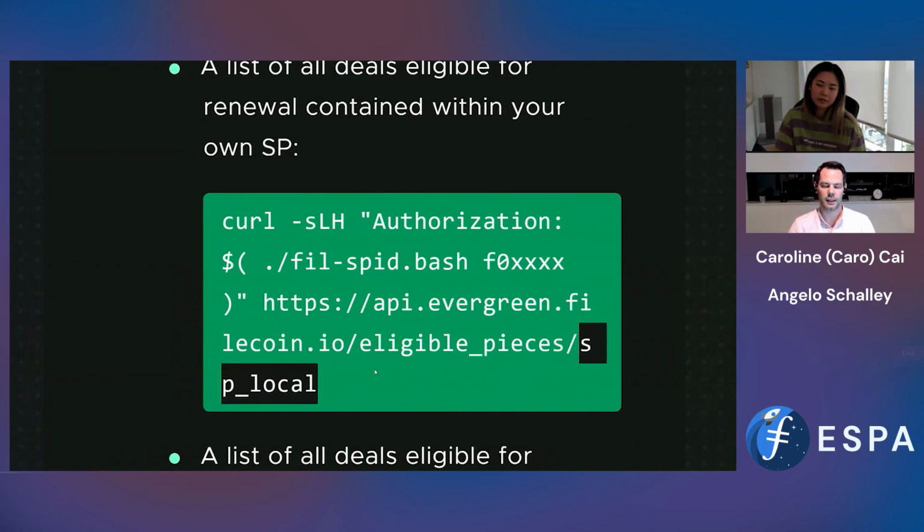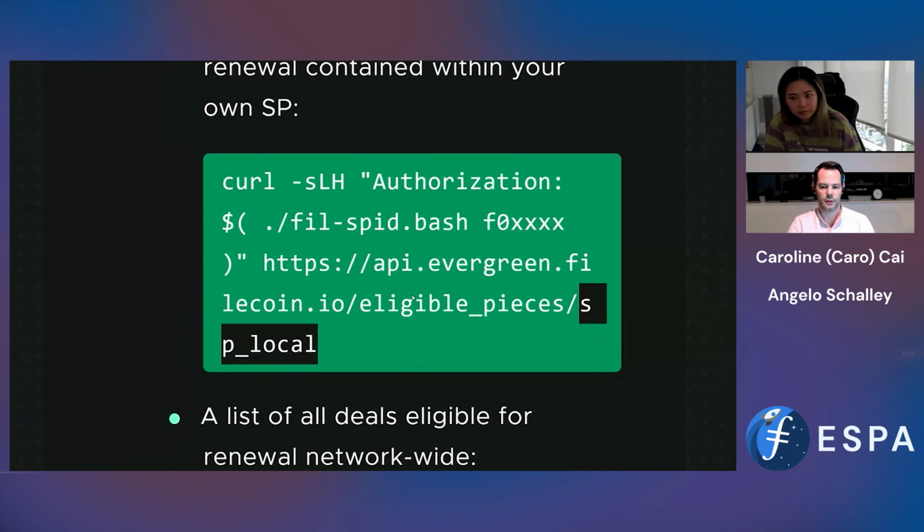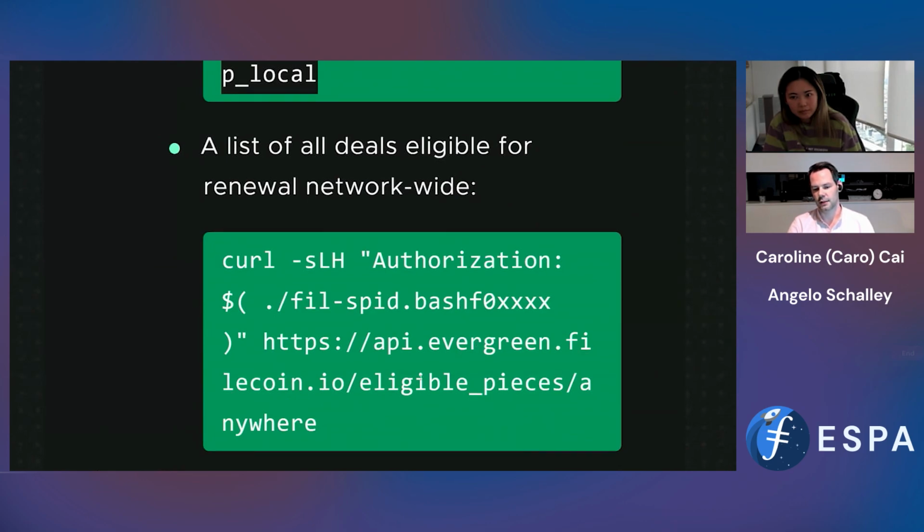One of these is, like I just mentioned, the local part. You'll automatically get an overview of all the deals you sealed on your own storage solution, making them very easy to reseal. The download rate is very quick, of course, because it's local. You just reseal them and you're already onboarding and making sure that data stays preserved on the Filecoin network on your end, and then you're ready to do that on the network itself.